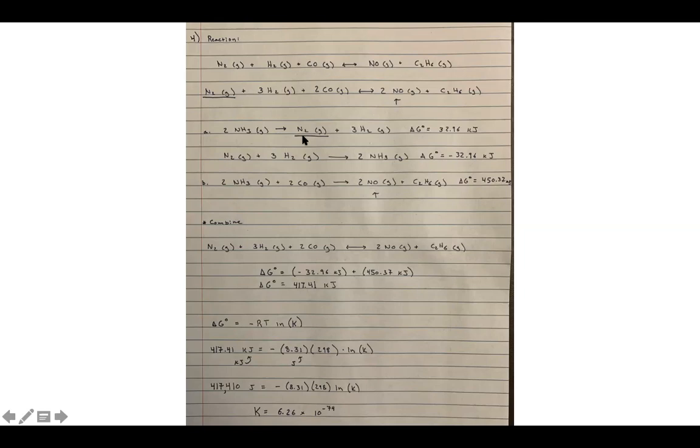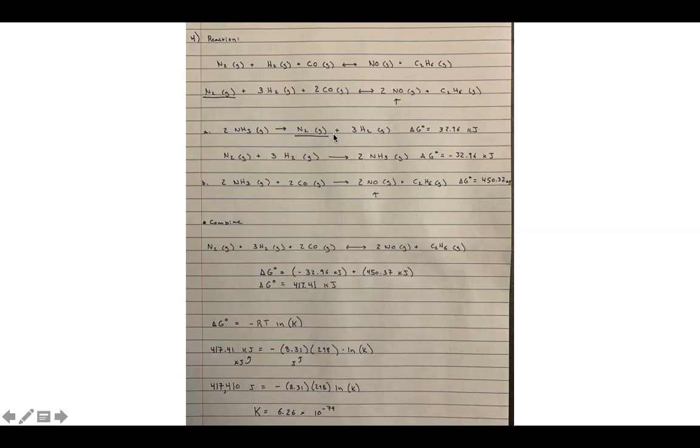My unique compound in this sub-reaction is nitrogen gas. Comparing nitrogen gas in this sub-reaction to the nitrogen gas in my goal reaction, I can see that they both have a coefficient of 1, but to get to my goal reaction, I need nitrogen to be a reactant. It's currently written as a product.